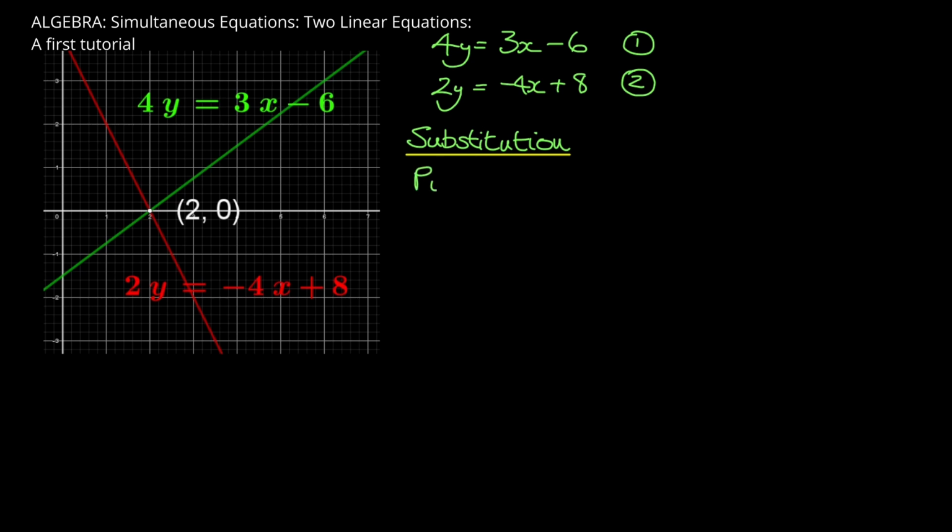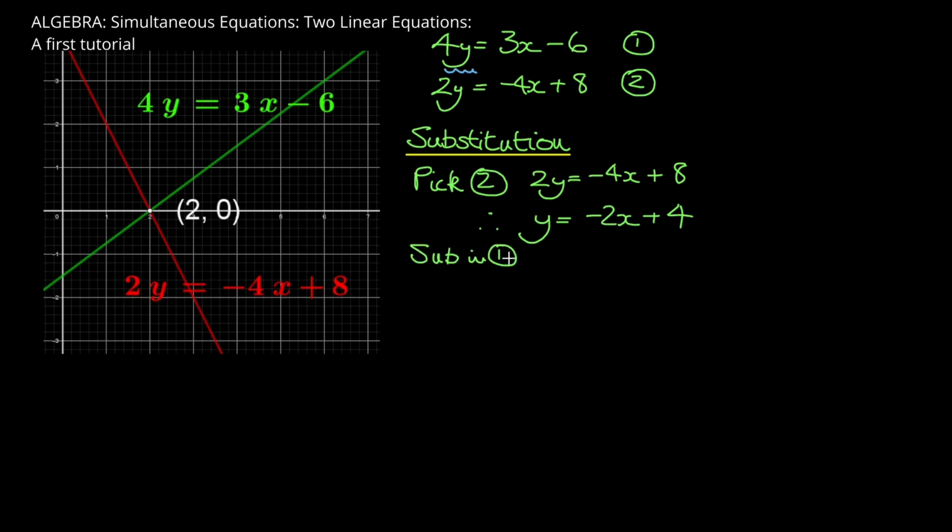If I pick 2, therefore, dividing through by 2, I get y is equal to negative 2x plus 4. So I've got y from the second equation, and I'm now going to substitute that and replace the y here with negative 2x plus 4. So sub in 1, you can see the advantage of labeling those first two equations.